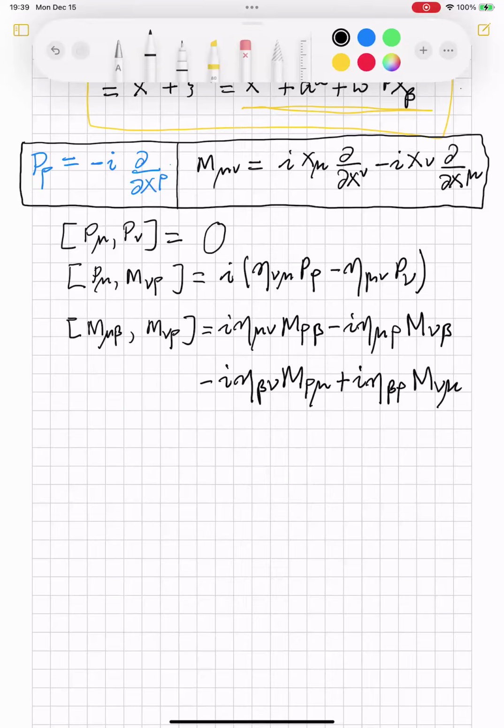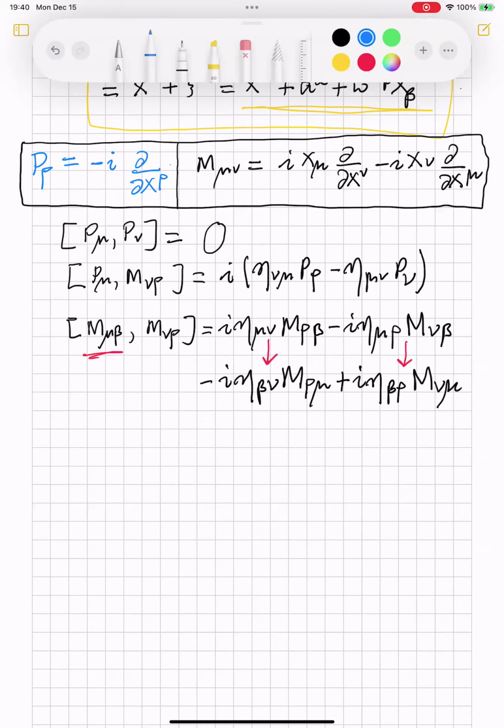So let's first of all look at the mu beta antisymmetry. If you look at the term at the top and the term at the bottom, to go from this term to that term, I swap mu and beta, and you can see there's a sign change. And to go from the top term down to this term, I swap mu and beta, and you can see that there's a sign change.